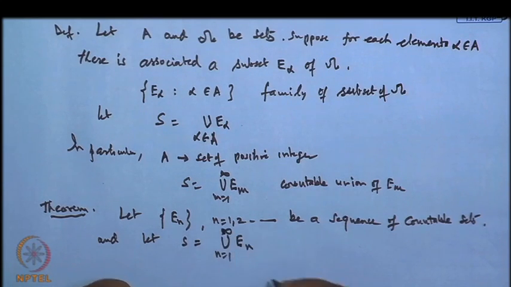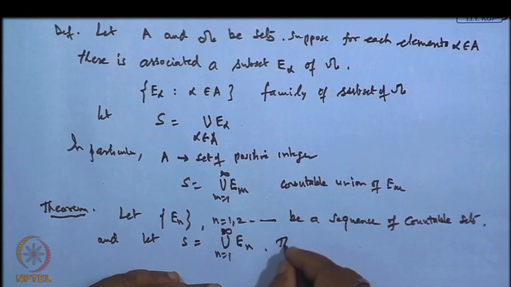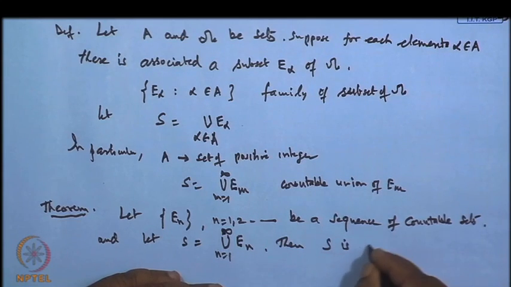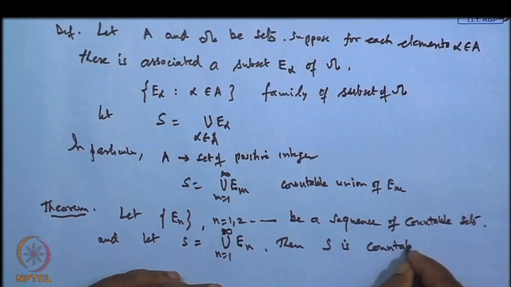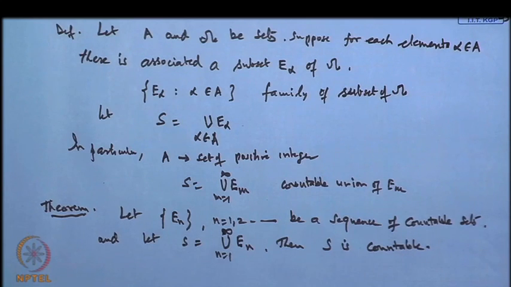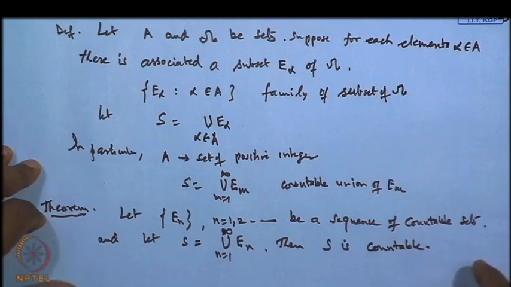Then what we claim is that S is countable. So, a countable union of countable sets is countable, that is what this result says.